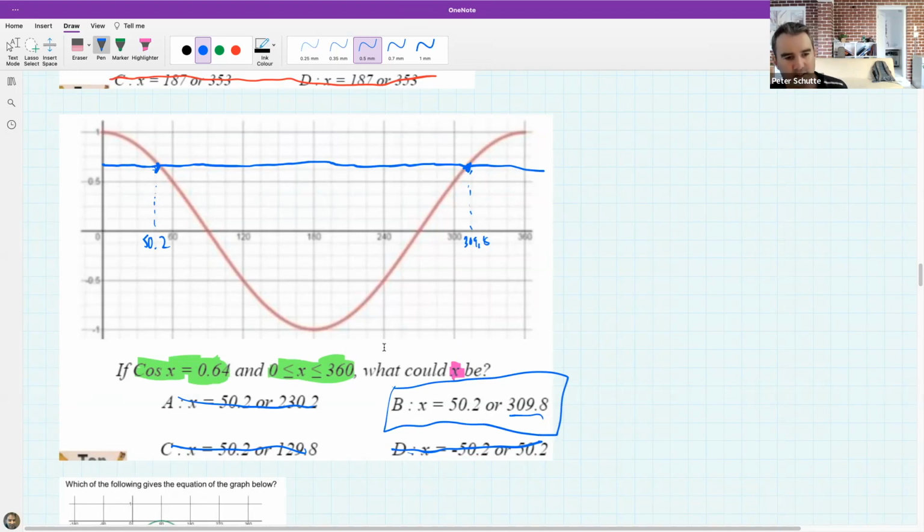And this makes sense because the trig equation said to you, when is cos x 0.64, or when is cos x going to be positive? And cos x is positive in quadrant 1 and quadrant 4, or it's positive between 0 and 90. So between 0 and 90, which is here. Well, let me use a different color. So between 0 and 90, it's positive, and between 270 and 360.